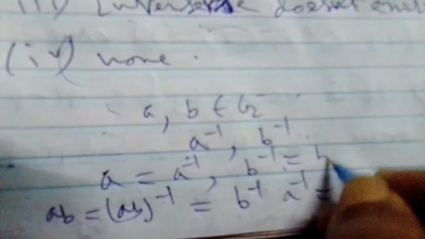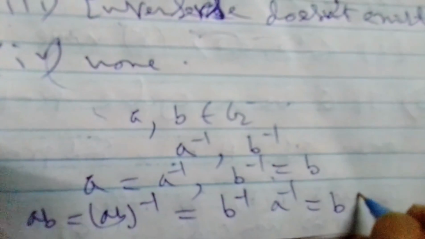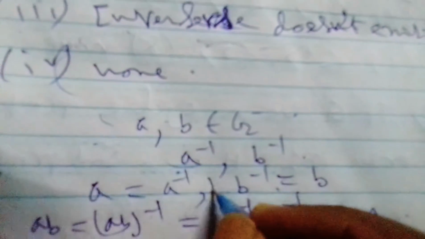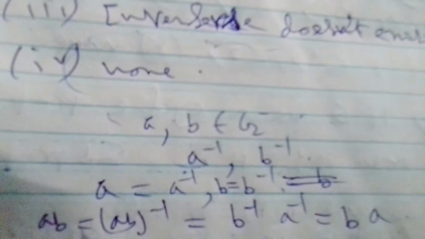Since b inverse equals b and a inverse equals a, we get ab equals ba. So we write it in this manner: ab equals (ab) inverse, and by the group property that is b inverse a inverse, which equals ba.